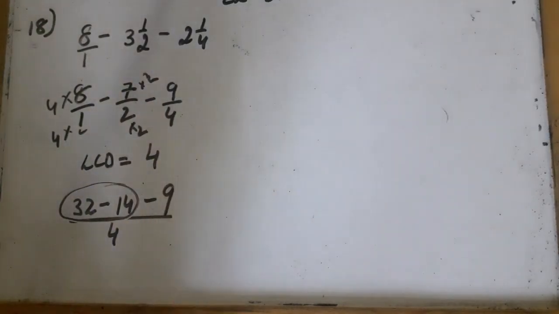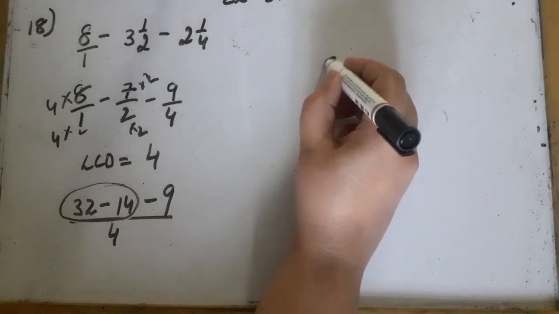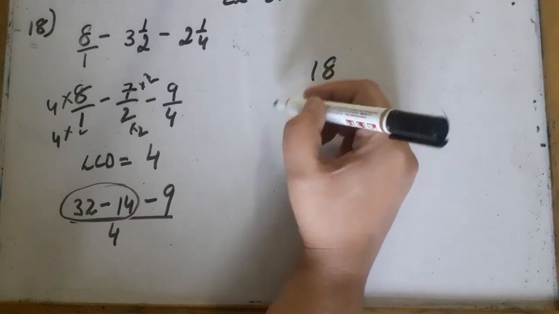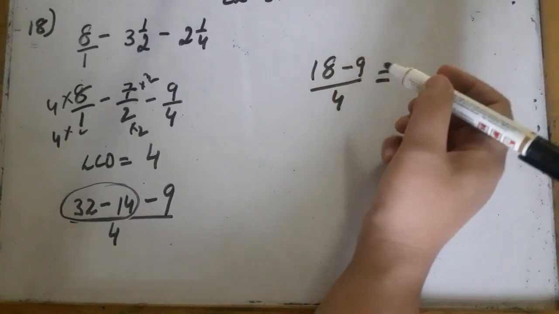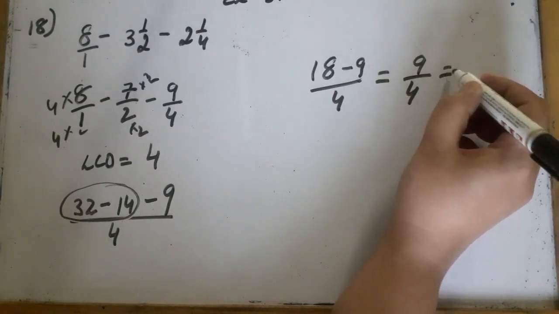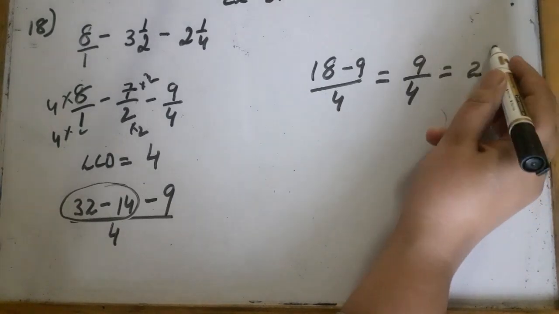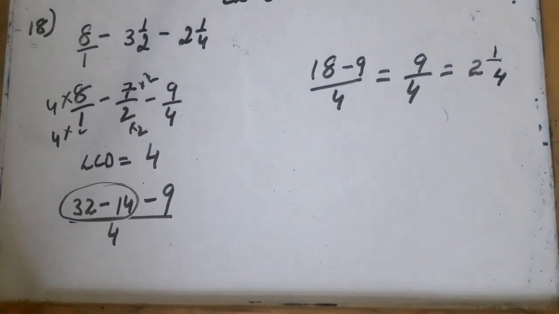So 32 minus 14, what will you get? You will get 18. Yes, and then you subtract 9 from that. So 18 minus 9, what will you get? 9 upon 4. And this improper fraction, you convert into a mixed fraction. 4 2s are 8, 1 remains, so 2 and 1 by 4.